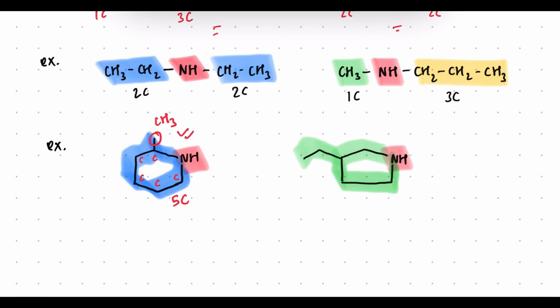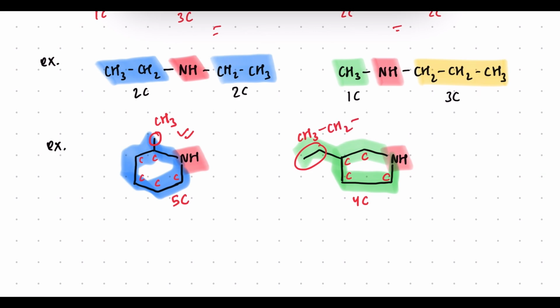Now if we look at the second compound, we see that this cyclic compound consists of 4 carbons in the 5-membered ring, and it contains an ethyl group, so CH3, CH2.